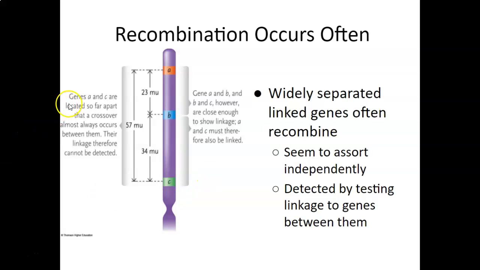So in this example, genes A and C are so far apart that typically you have crossing over, so you can't determine if it's linked, but you would test their relation to B, which is in between the two. And because those are close enough to show linkage, then A and C must therefore also be linked, because A and B are linked and B and C are linked. So even though crossing over happens super frequently, by doing other tests, you can determine if there is linkage there.